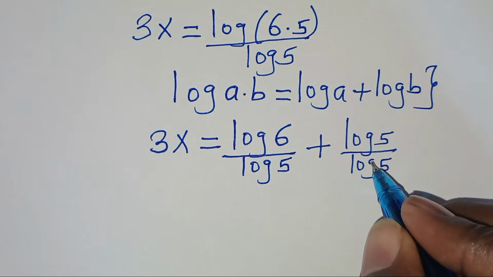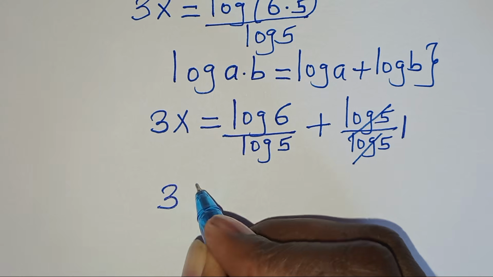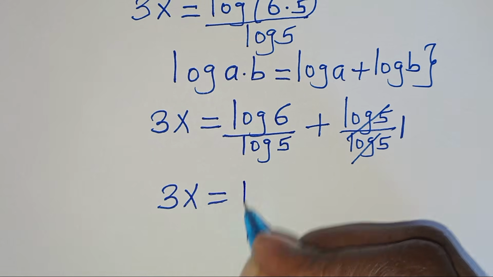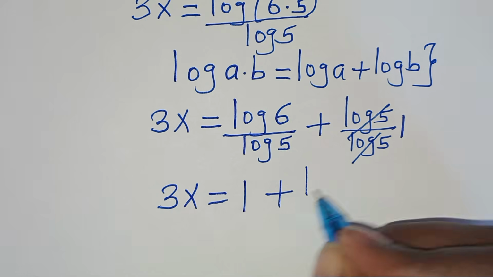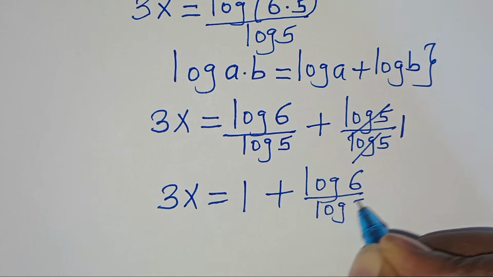So we can simplify log 5 and log 5 here. So this is 1, so that we have 3x equal to 1 plus log 6 divided by log 5.